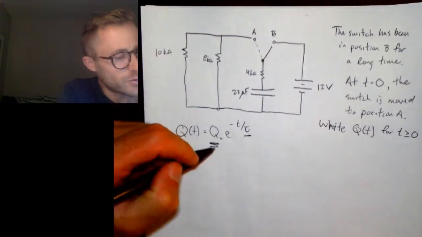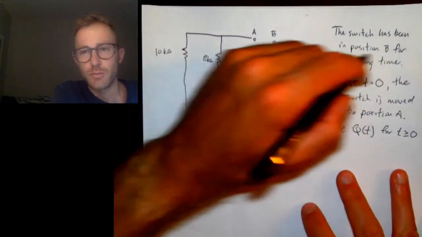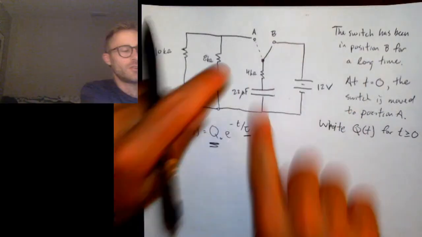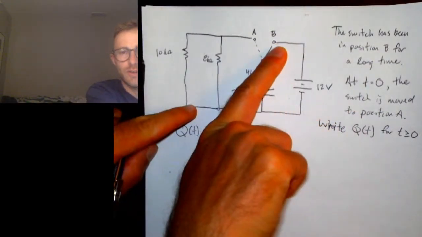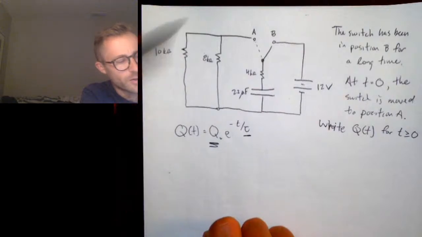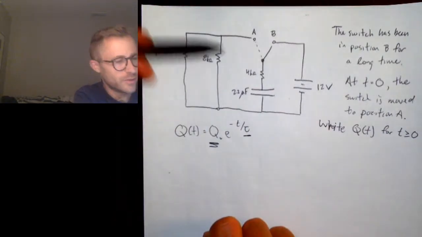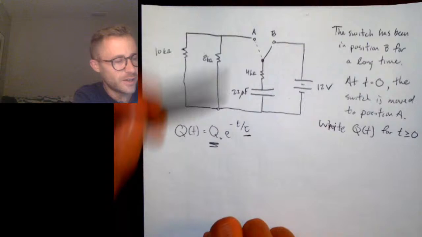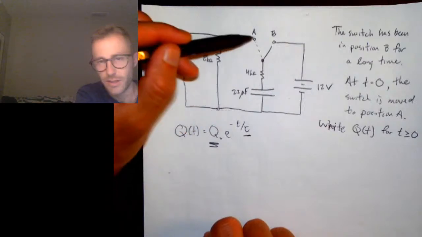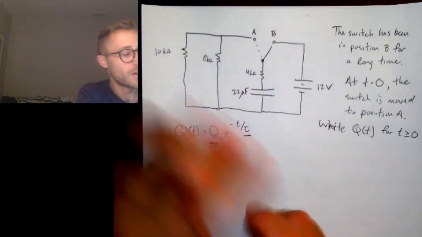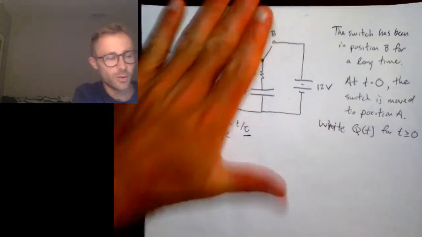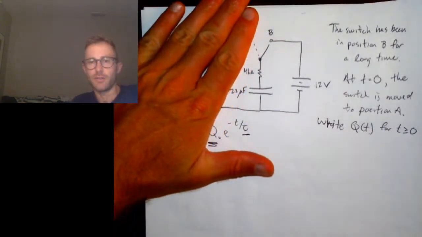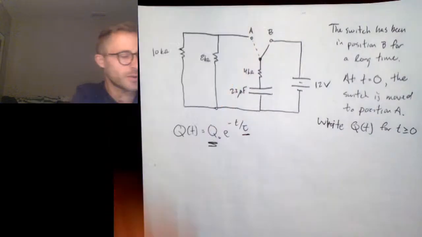So Q naught is determined by where the switch was before. Okay? So notice how if the switch is in position B, no current can go through these resistors because there's a dead end. All right? Any current that comes up through these resistors is going to hit the dead end. So we can just ignore the left-hand side of the circuit for time less than 0.